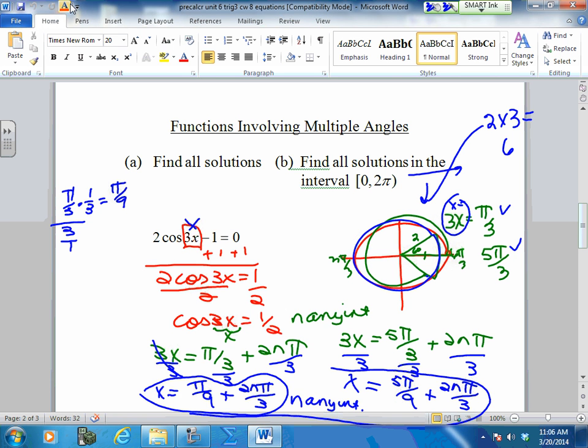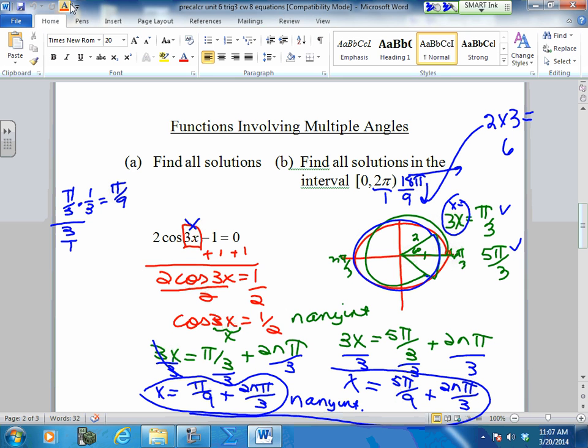Okay, stay with me. Your denominator here is 9. Flip this into ninths. How many ninths is 2 pi? 18 ninths. 18 pi over 9. That's where we remember how to stop, right? We're going to stop at that. Notice down here, pi over 9 plus 2n pi over 3. Do they have the same denominators?